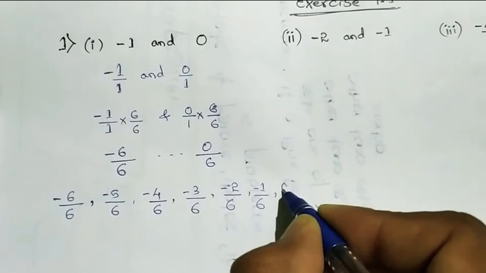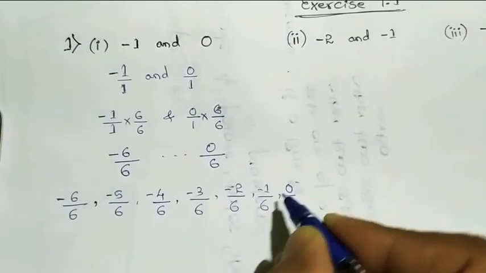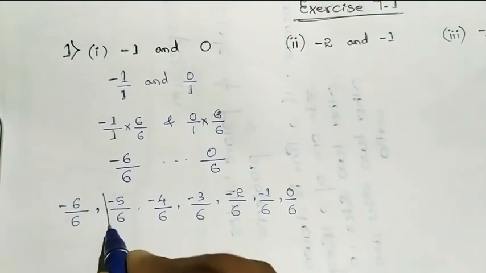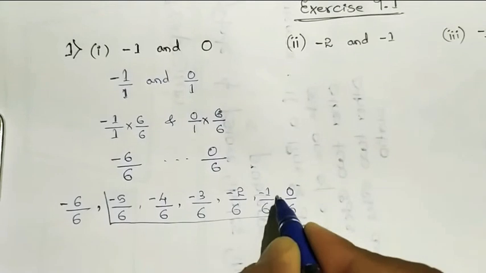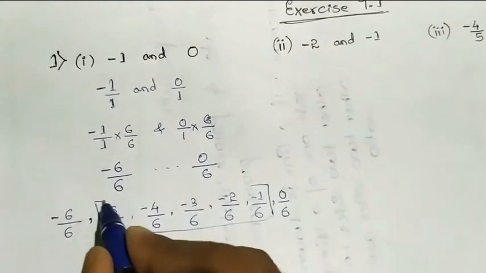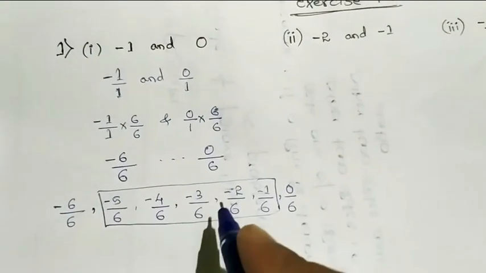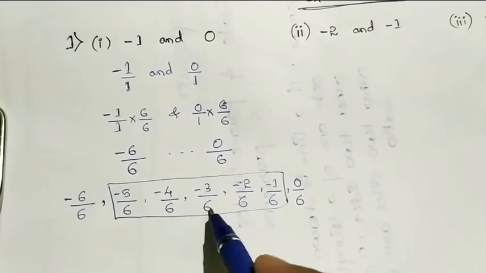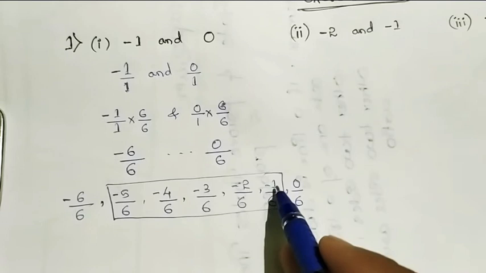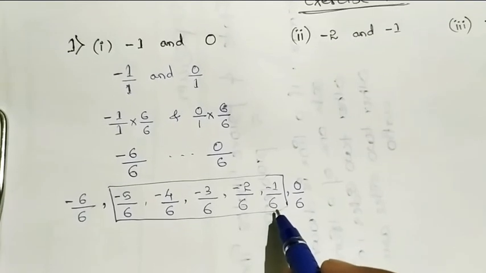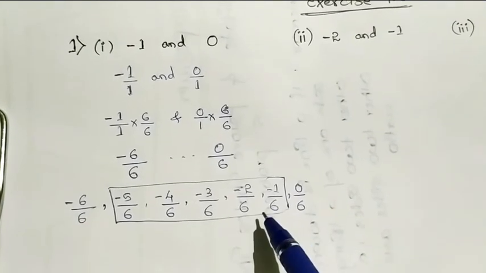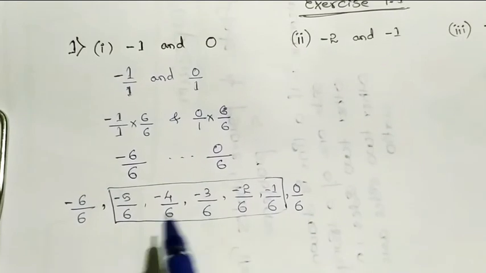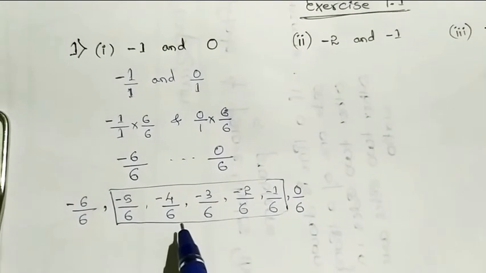After that what we will get? We will get 0 by 6. So our required rational numbers are -5 by 6, -4 by 6, -3 by 6, -2 by 6 and -1 by 6. So, understood how to find the rational numbers between two rational numbers.